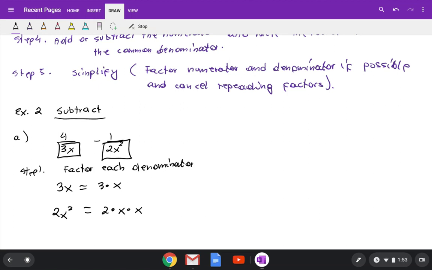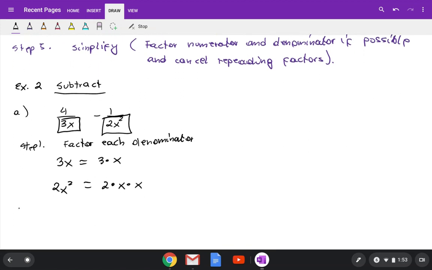So what we need to do, and that's your step 2, find LCD, least common divisor, of 3x and 2x squared. Okay, so what's going to be LCD? So let's talk first about the variable which repeats. You have x squared and x. So you're going to select the repeating variable to the highest exponent. So we already took care of x's.